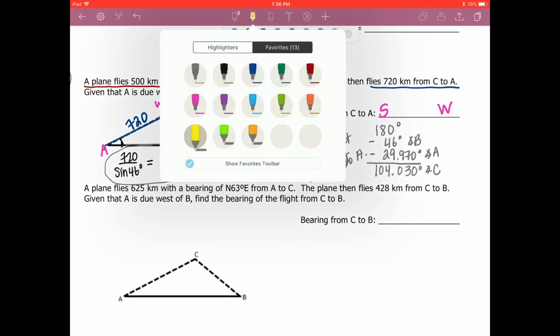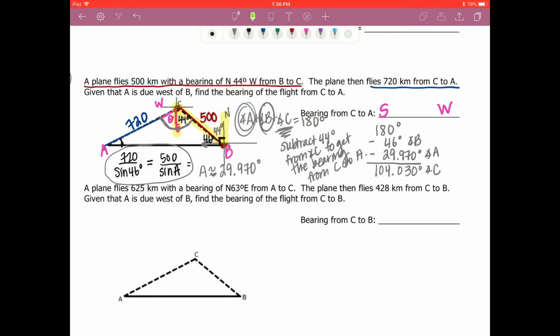And then remember what we're going to do. We're going to take 44 degrees away from this angle C so that we can get the angle that's going to give us the bearing southwest.